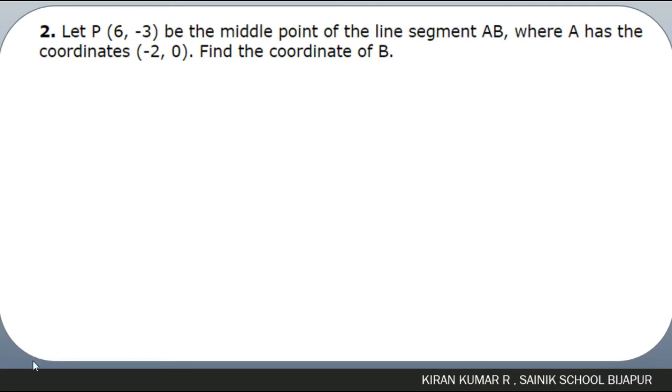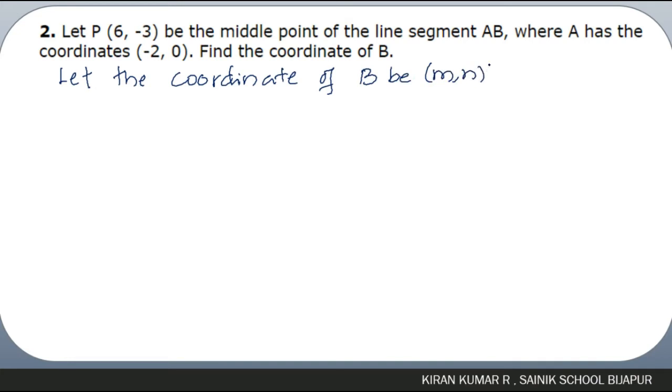Second question. Let P(6, -3) be the midpoint of the line segment AB, where A has the coordinates -2, 0. Find the coordinates of B. Let the coordinates of B be (m, n).